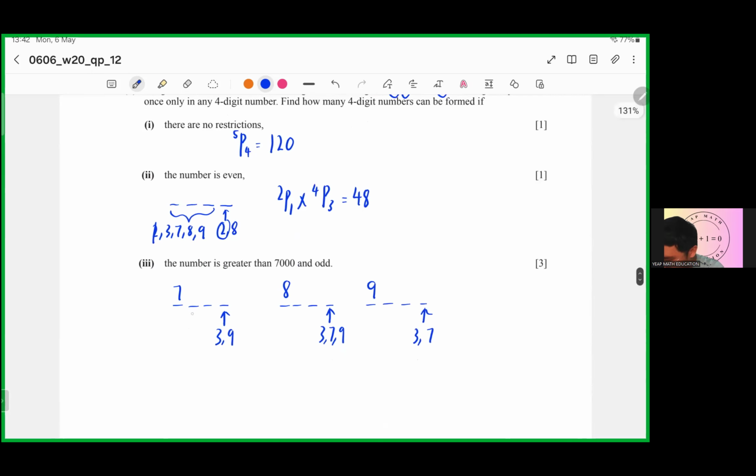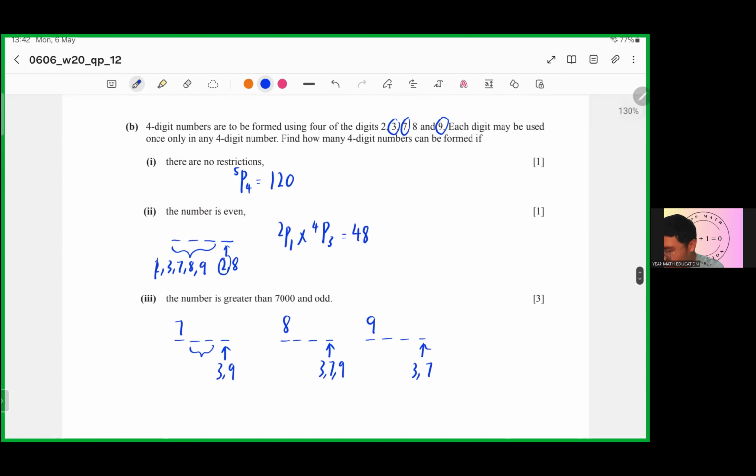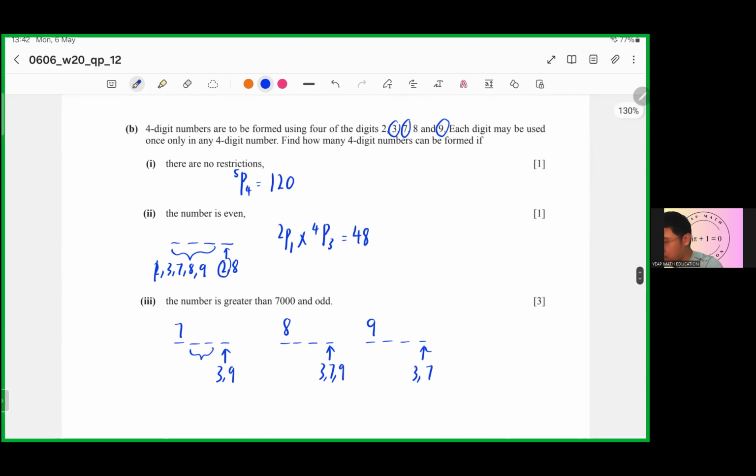So for this part, we can use 2, 3, 8, and 9. And then here the part is 2, 3, 7, and 9. And then here also 2, 3, 7, and 8.